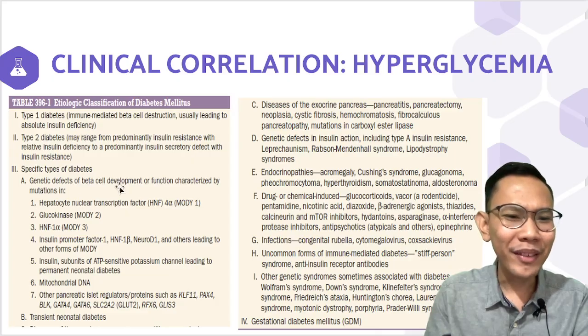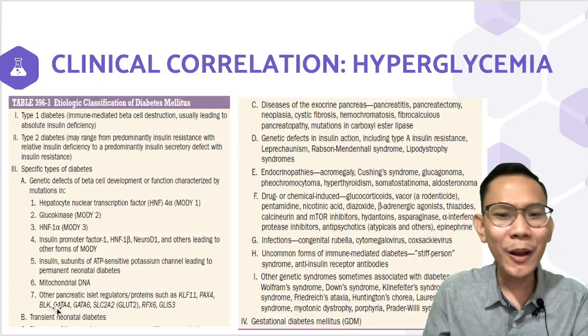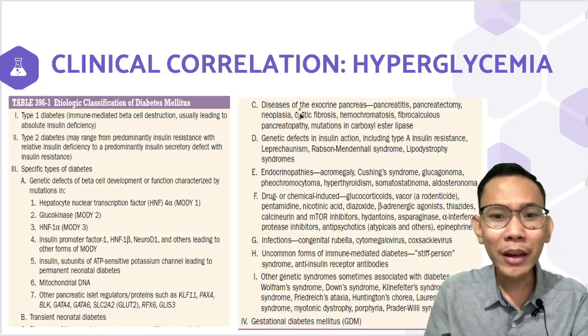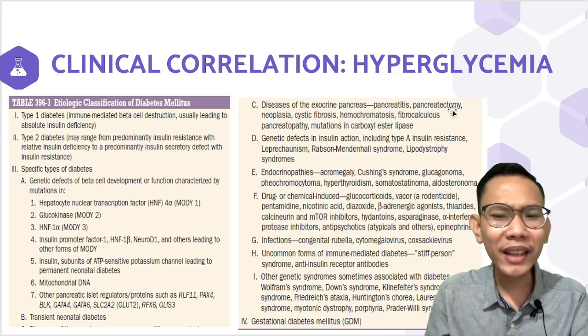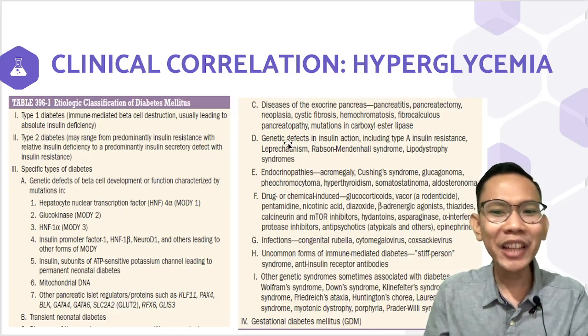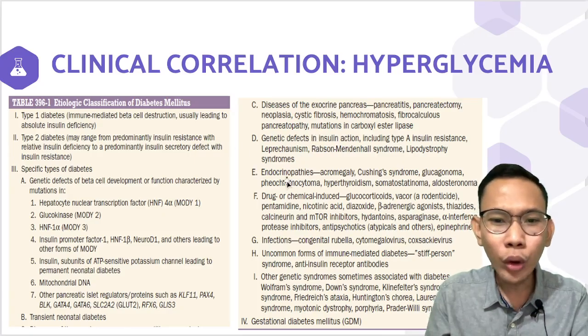Meron tayong caused by a genetic defects of the beta cell or gene defect. Pwedeng transient neonatal diabetes, or pwedeng diseases of your exocrine pancreas, brought about by pancreatitis, pancreatotomy, ang sobrang dami. Or it could be a genetic defects of your insulin action or different endocrinopathy.